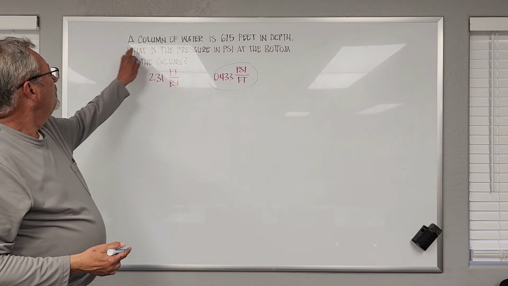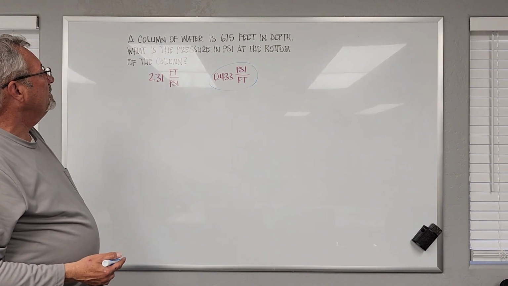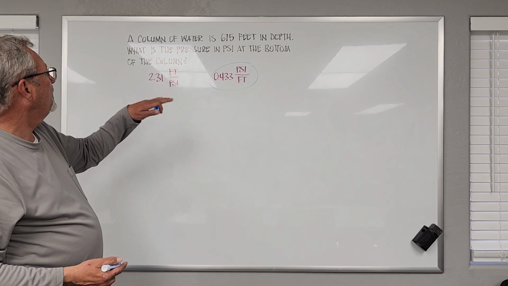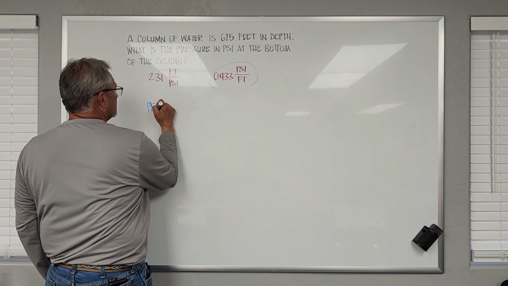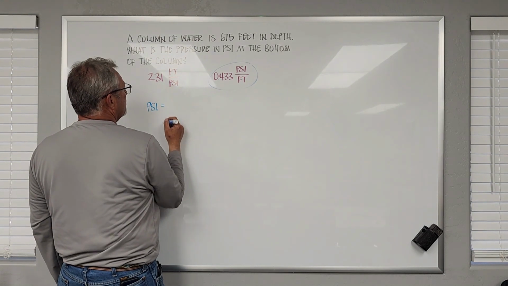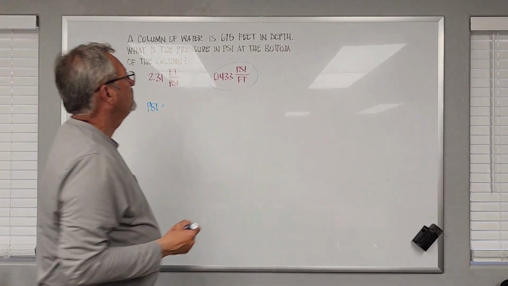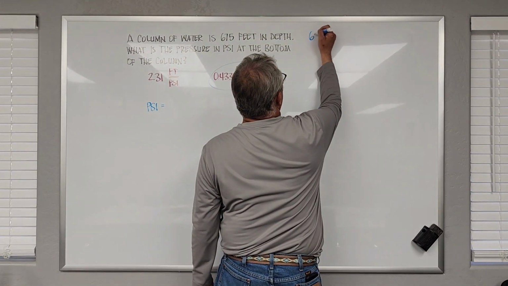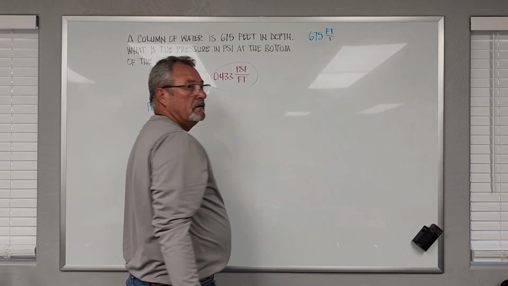So we want to know the column of water is 675 feet in depth. What is the pressure in PSI at the bottom of the column? So I'm going to write the formula like this. PSI equals, now 675 feet in depth. I'm going to write that as 675 feet over 1.